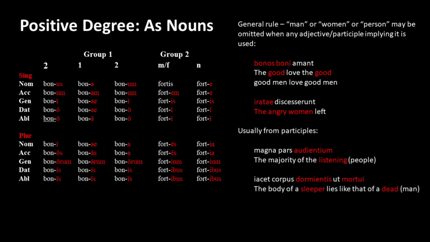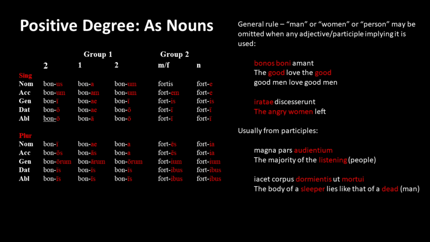Well, we might be, but we're probably not. We're talking about the body of a sleeping person. And since it's quite obvious that we're talking about the body of a sleeping person, why not just let the genitive singular participle, dormientis, do service, not just as an adjective, but as the noun itself, and the same with mortui, which is a genitive singular masculine of a perfect participle.